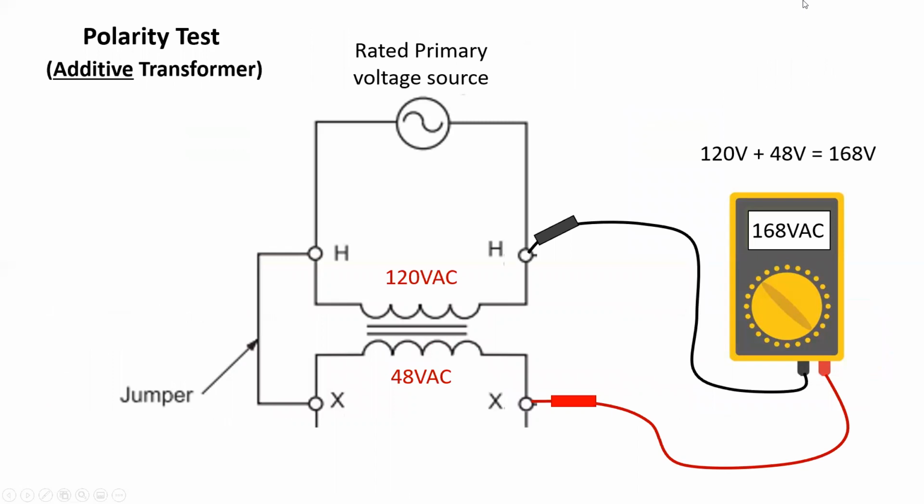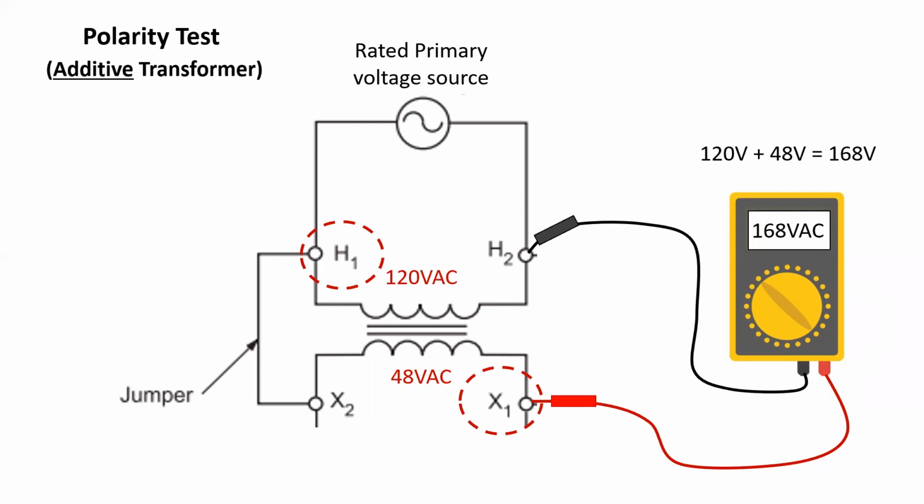So if we did a polarity test with a transformer and we measured 168 volts from this open terminal to the terminal connected back to the source, remember we have a jumper in there, same as with our two batteries, and we have connected the rated voltage to the primary of that transformer. If I get 120 plus 48 equals 168, that means that we have an additive wound transformer.